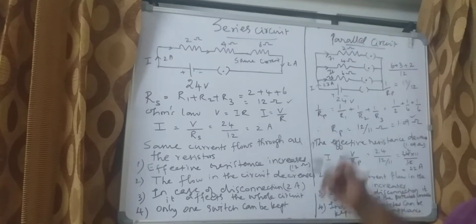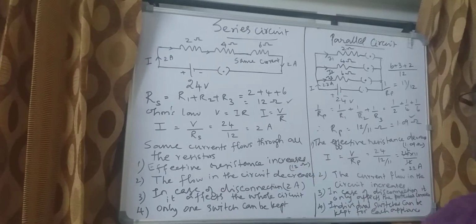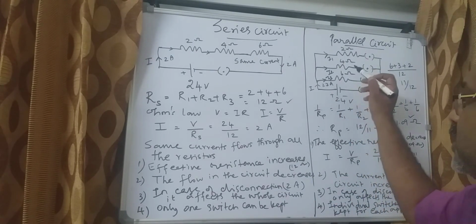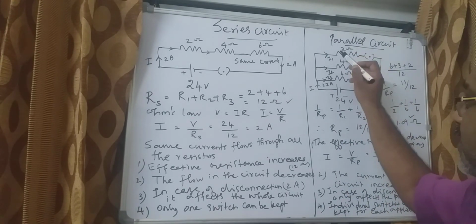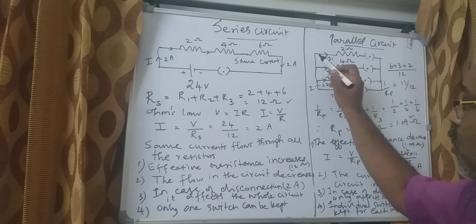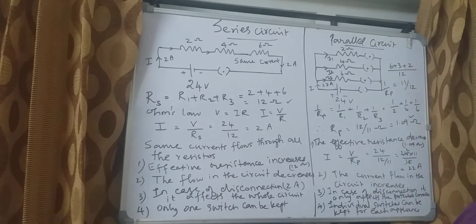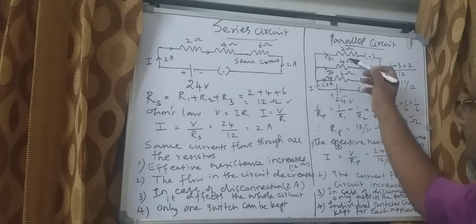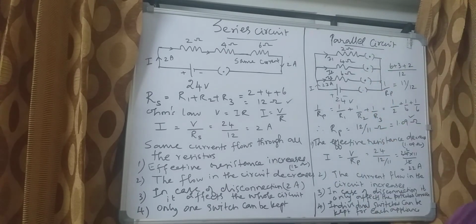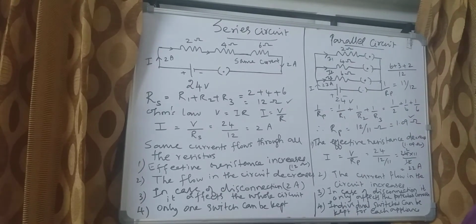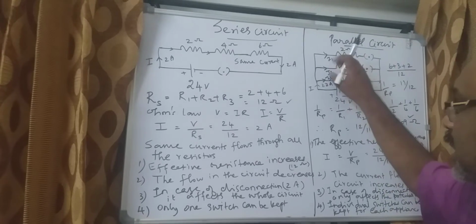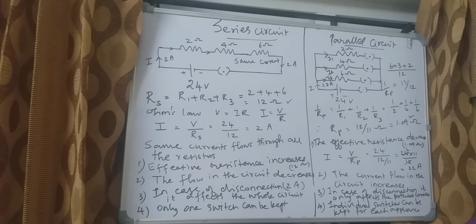When current flow increases, automatically the wanted current can be taken by each and every appliance according to the resistance it has. If an appliance has very little resistance, more current can pass through it. Out of the 22 ampere of the whole current in the circuit, the current will be splitting according to the need.